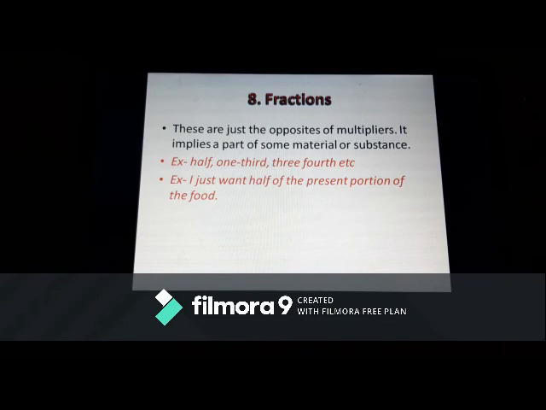Clear? I hope till here everybody understands. You just have to remember that there are these 10 types of determiners. They are just clusters of words that come under different sections and are used for different purposes.